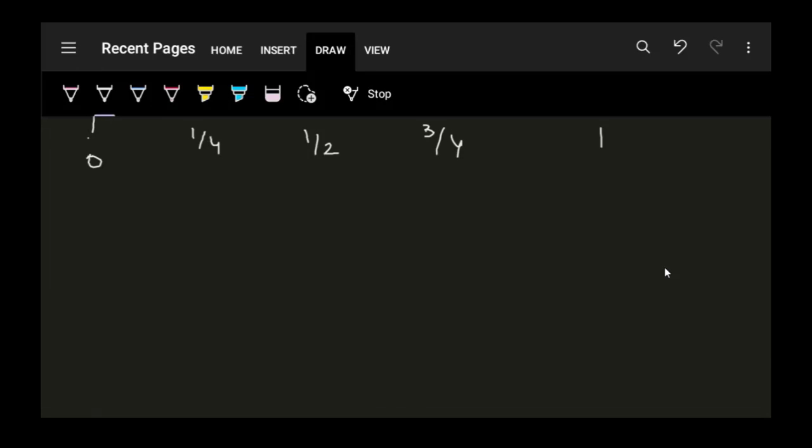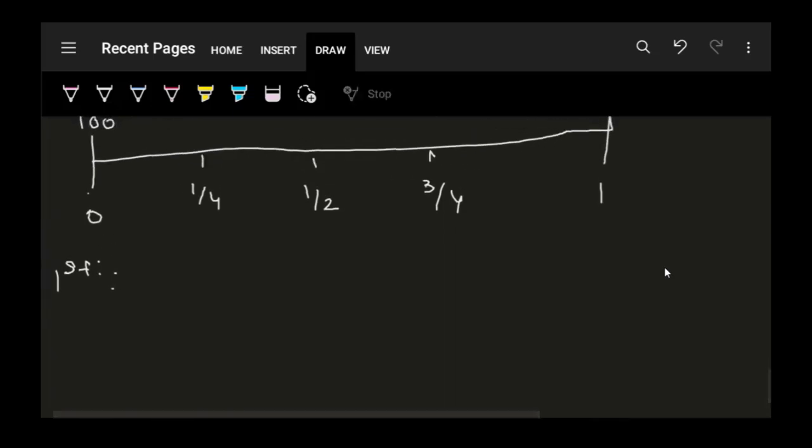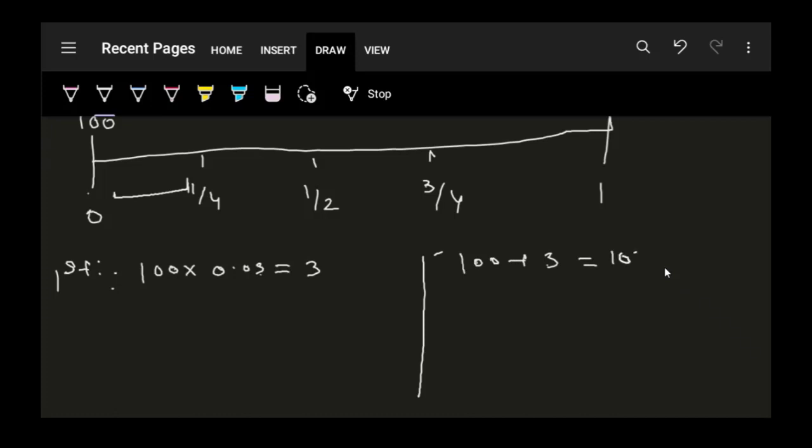So at the end of first quarter, I will earn an interest of 3% for this quarter. So I will get 3 rupees as interest, and my balance at the end of the first quarter, not year, will be 100 plus 3, this much.